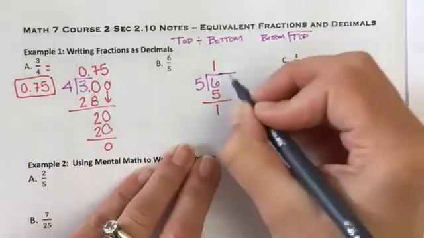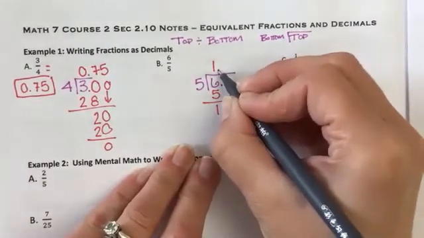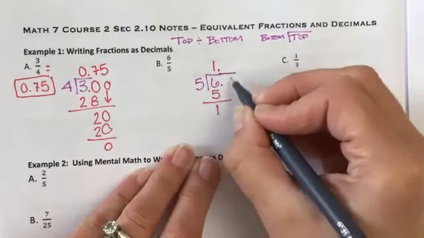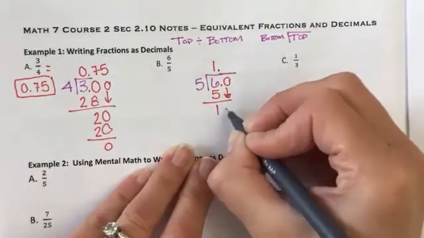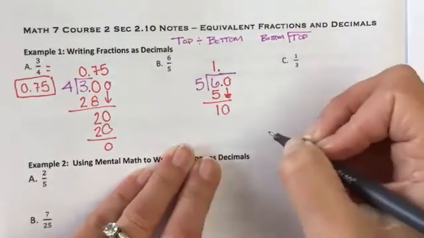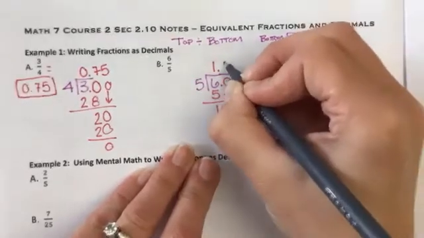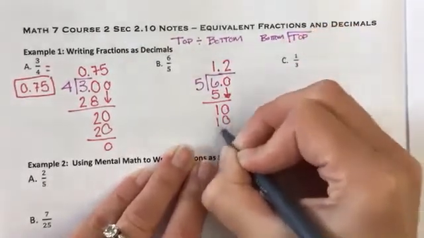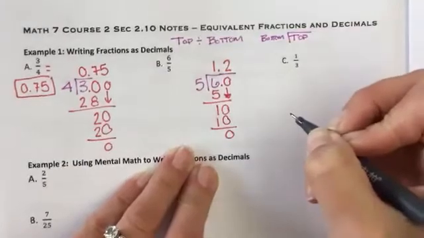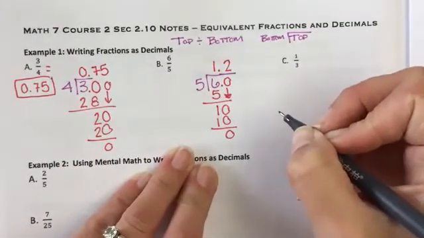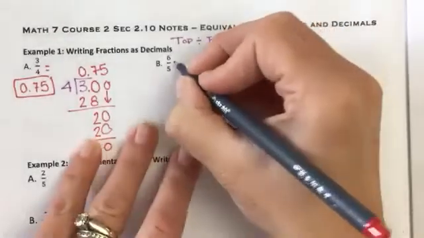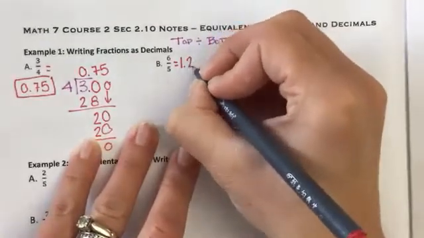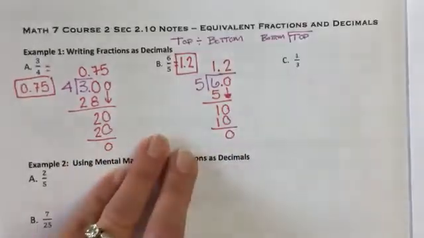Now, I have to keep going, so I need to add a decimal point, and I add a 0 and bring the 0 down. Does 5 go into 10? It does perfectly twice. 2 times 5 is 10, and I put a 0 there. So 6/5 equals 1.2 as a decimal.